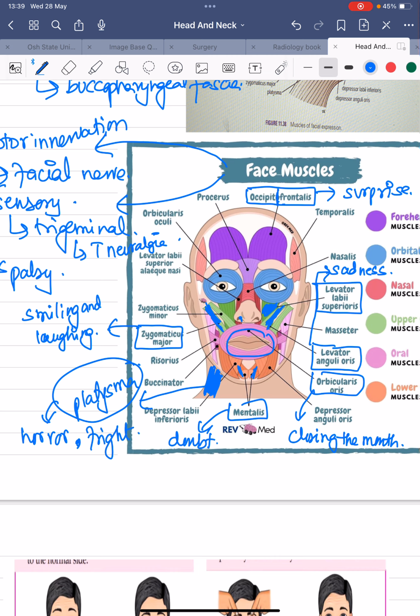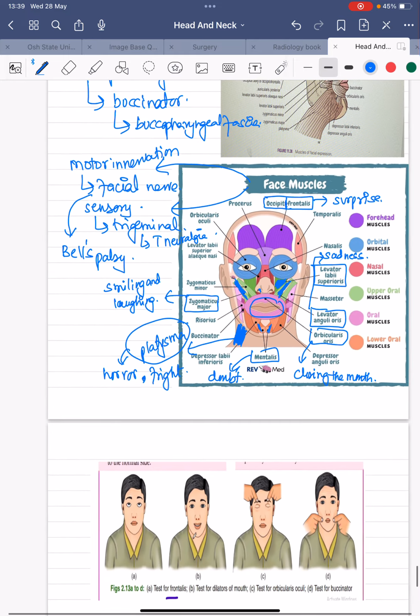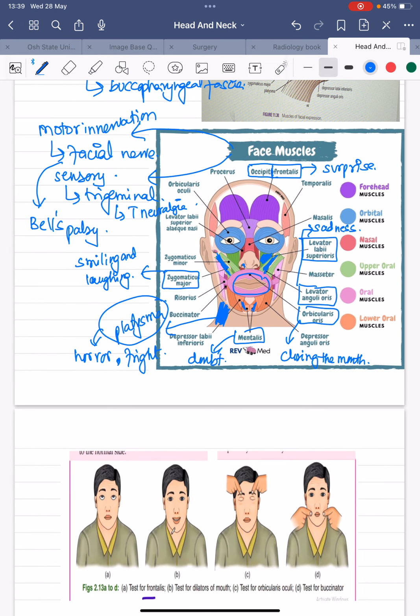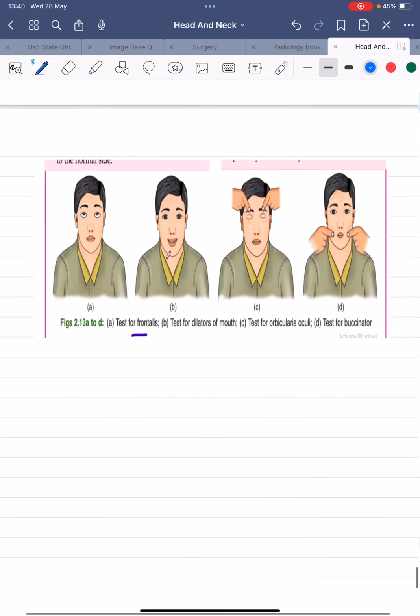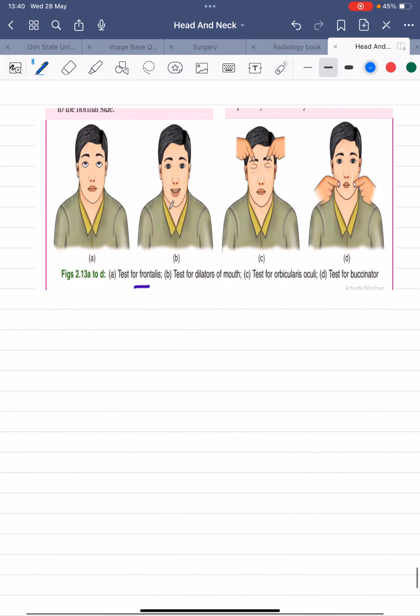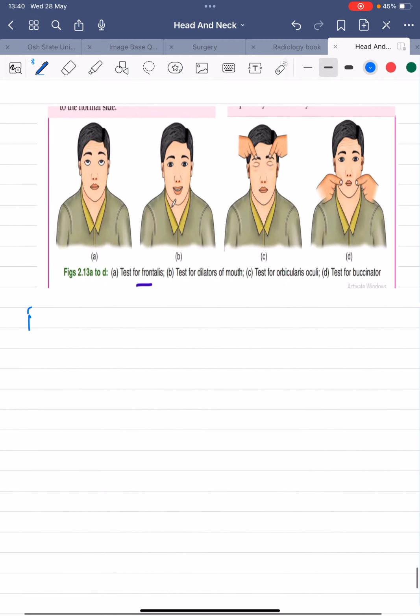These actions are important because whenever you want to perform a facial nerve examination, you have to test the following muscles. This is a diagram which I have taken from a book. How are you going to check the facial nerve? Please remember, the facial nerve is your seventh cranial nerve.